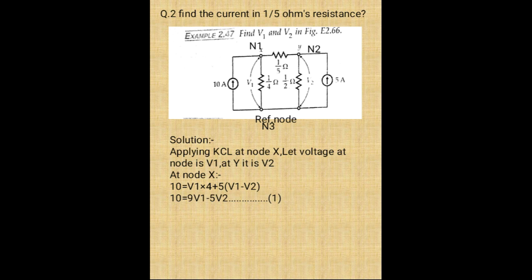In step 4, we write KCL at each node. At node 1, the KCL equation is 10 = V1 × 4 + 5(V1 − V2). Simplifying, 10 = 9V1 − 5V2, equation number 1.